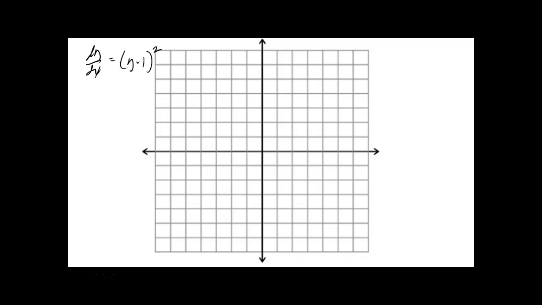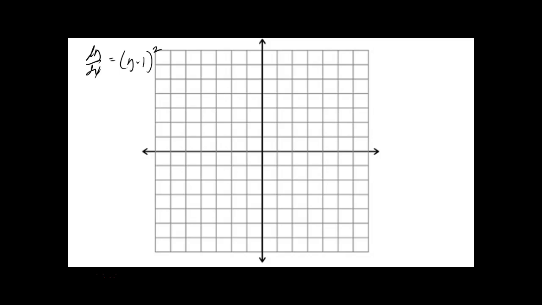The critical point is when your first derivative is equal to 0. What makes that first derivative equal 0? y is equal to 1. And that's the only one. Even though it's a quadratic, it only has one critical point. It happens to be a repeated one, but we're not going into that at all. So y is equal to 1.